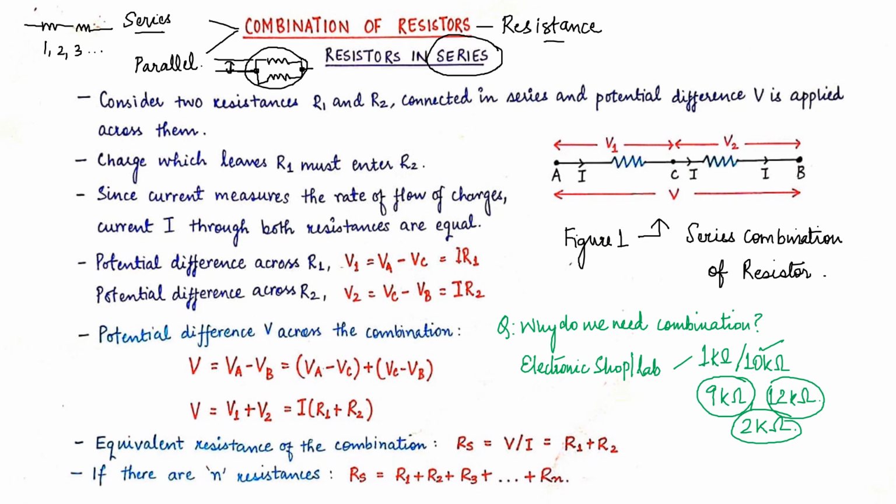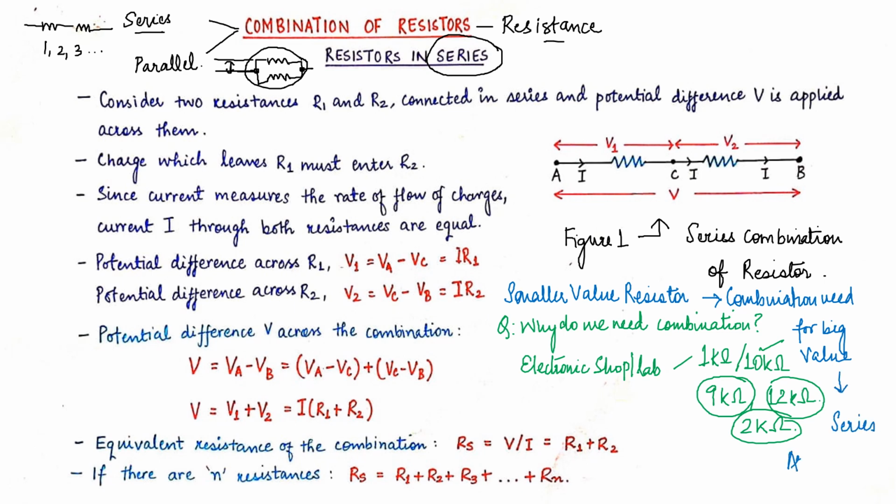In case we have smaller value resistors, but a combination of greater value is needed, what we are going to do is we will serially arrange our resistors. But see the other side.